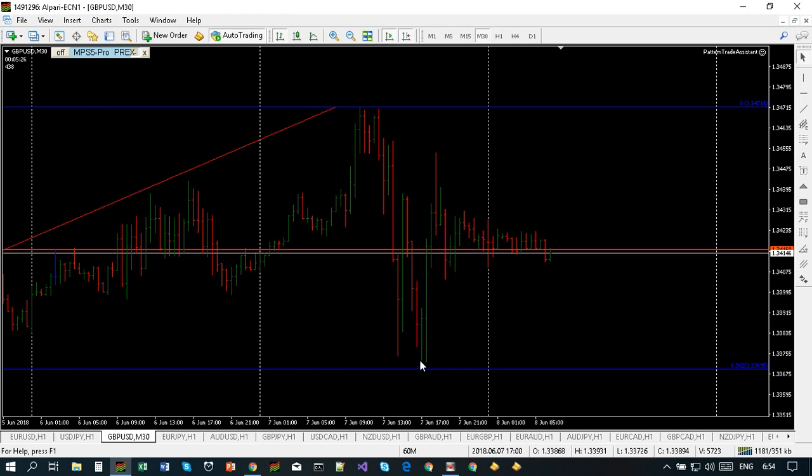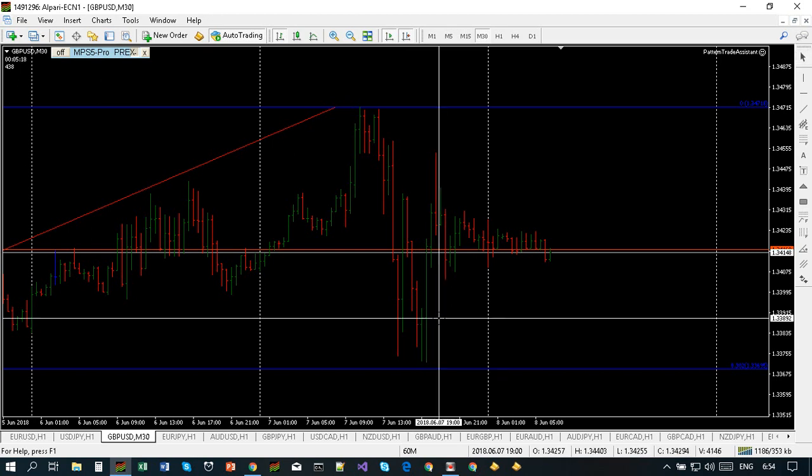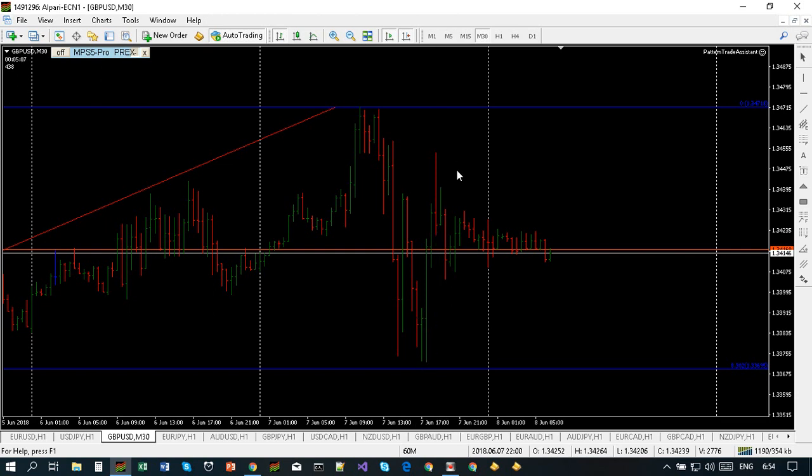It is called a key reversal bar. It is the bar that has a low lower than the previous bar and a close higher than the previous bar. So simply taking profits on this bar will be a very good decision, because after that price reverses.